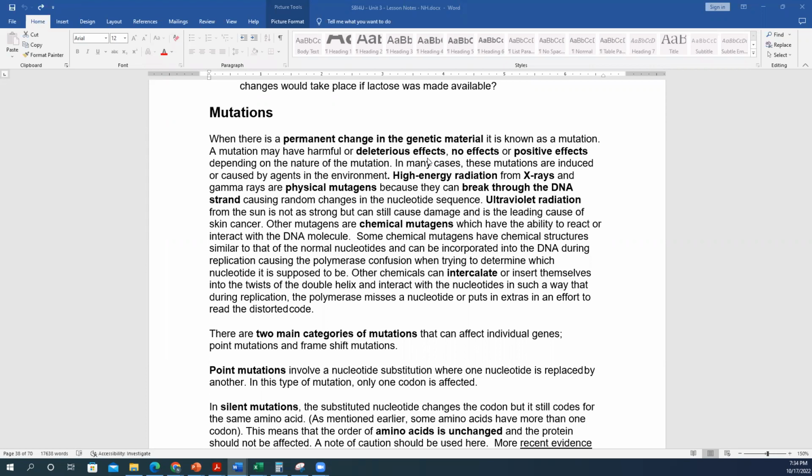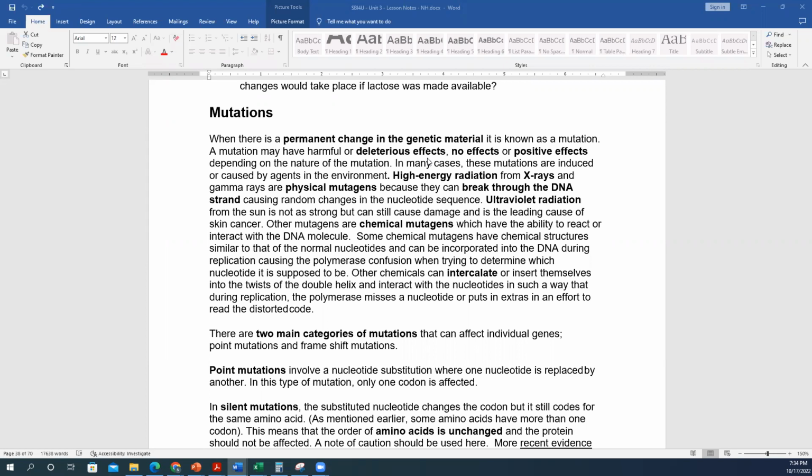UV radiation from the sun is not as strong as, say, X-rays or gamma rays, but it can still cause damage. And that's what happens in the case of skin cancer. It's UV damage from the sun, damaging the DNA in skin cells and having very deleterious effects, very serious effects.